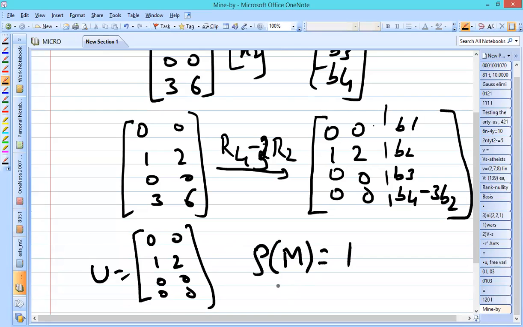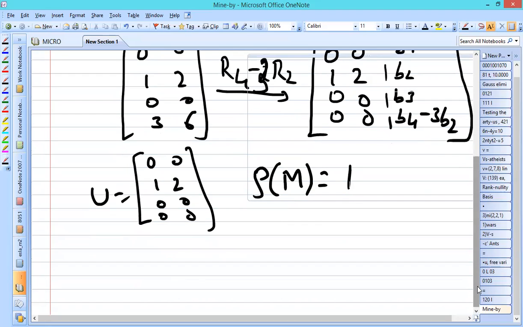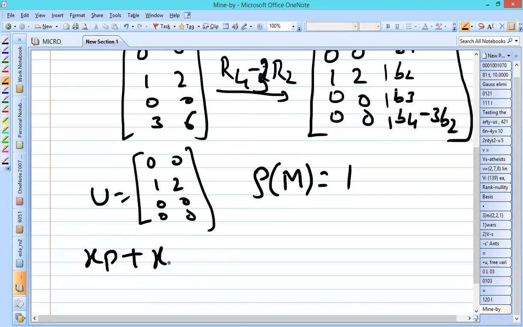Rank of this matrix is 1. And next, you need to get the complete solution. So in order to have the complete solution, we need the particular solution XP as well as the special solution XN, which will result in the complete solution. So first get the particular solution.